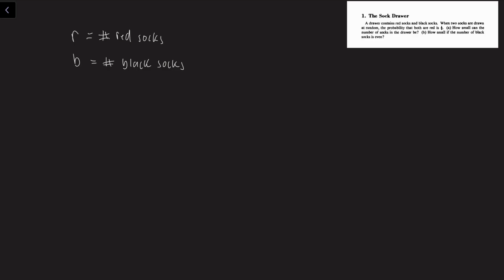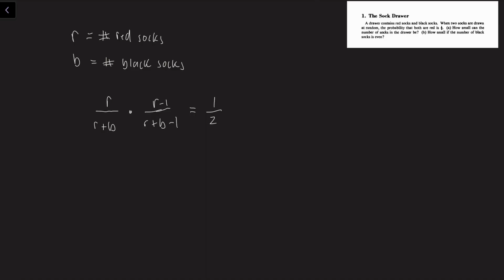We know that on our first draw, our probability of getting a red sock is the number of red socks over the total socks. And on our second one, since there is 1 less red sock and 1 less total sock in the drawer, the probability is R minus 1 over R plus B minus 1. And we know that these two probabilities multiplied by each other are equal to 1/2.